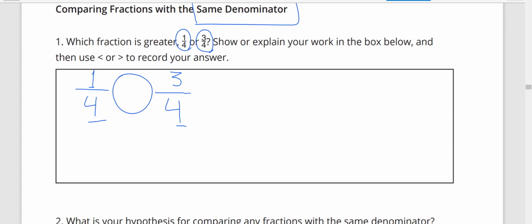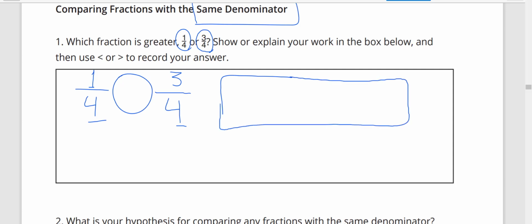First, draw the first fraction in a model. Another model.